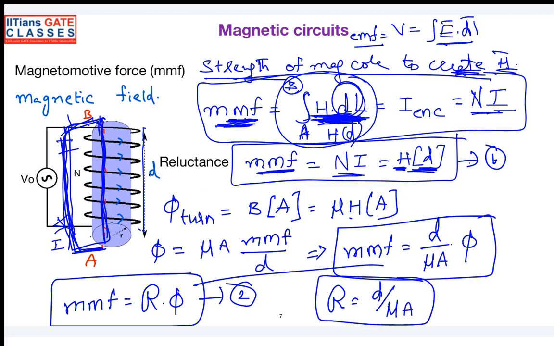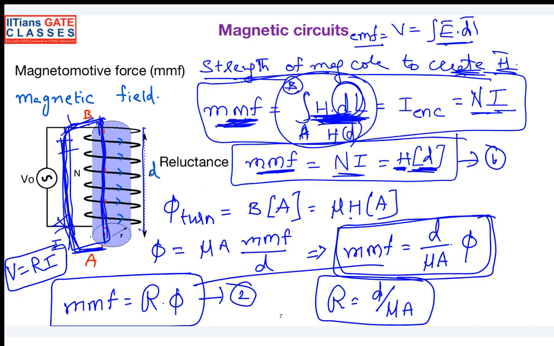You have to focus and concentrate more here. What I was trying to do was formulate the basic Ohm's law in magnetostatics. In your electrostatics, you have the relation V is equal to R into I, so voltage is equal to resistance times current.